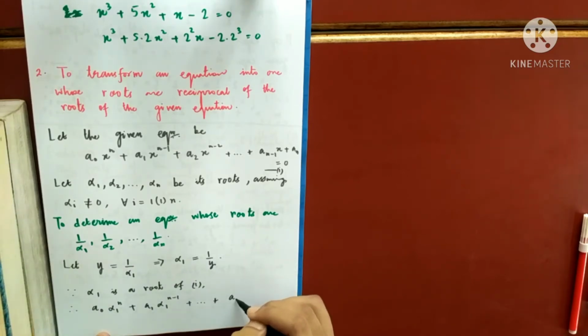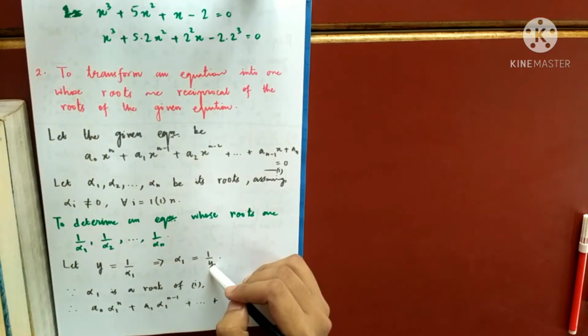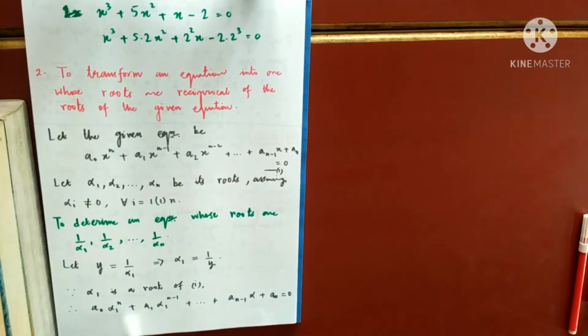The second last term being a n minus 1 alpha, the last term being a n equals to 0. Because alpha 1 is a root of the equation number 1, it will satisfy it. Now what I will do, I will just put 1 by y in place of alpha 1.